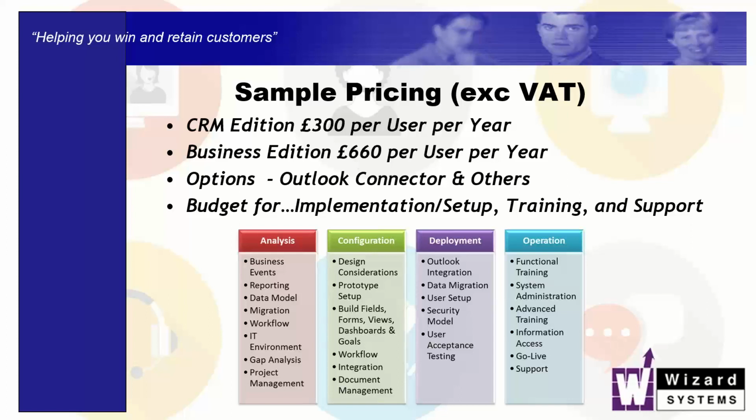CRM edition does all of the standard CRM things that you would expect that I've described, up to and including the ability to create a sales quotation. Business edition does all of the CRM stuff, plus the ability to create financial transactions like orders, invoices, credit notes, and so on. If you don't need to do that financial stuff, you'll be okay with CRM edition at £300 per user per year as your subscription.